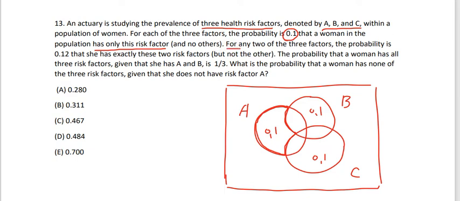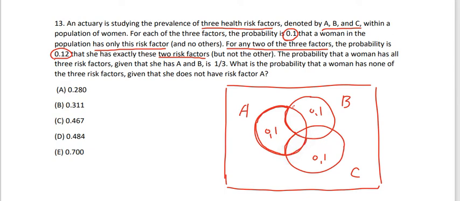Okay. So for any two of these factors, the probability is that she has exactly these two risk factors. So exactly two is this part, like here exactly two.